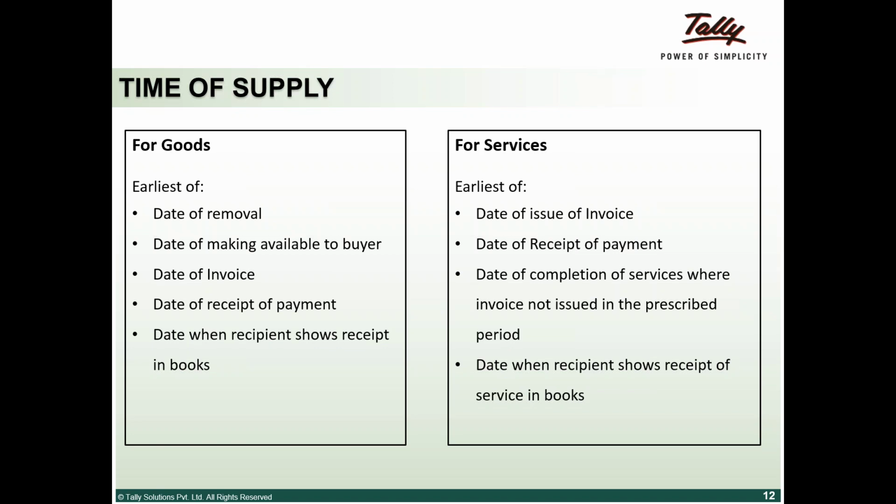The date I receive payment: if I receive payment before even rendering a service, the supply of service gets triggered. The date of completion of service, where an invoice is not issued in the prescribed period. So if I've completed a service but still not given an invoice, the supply has got triggered.